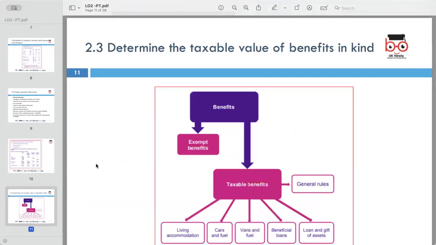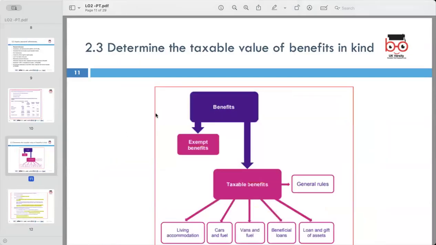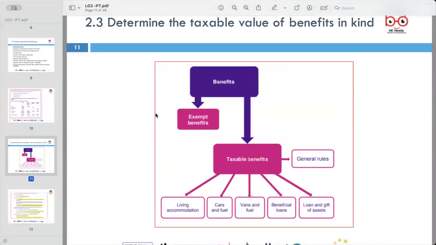So here determine the taxable value of benefits in kind. So these are benefits basically provided by employers to employees that are not subject to taxation.